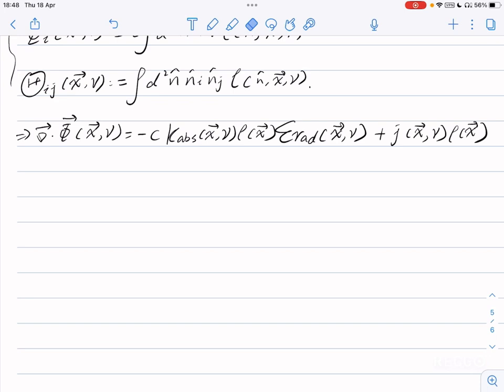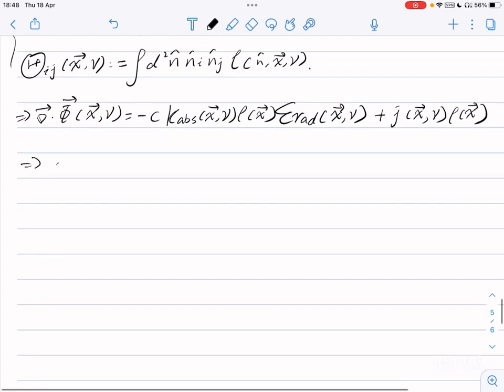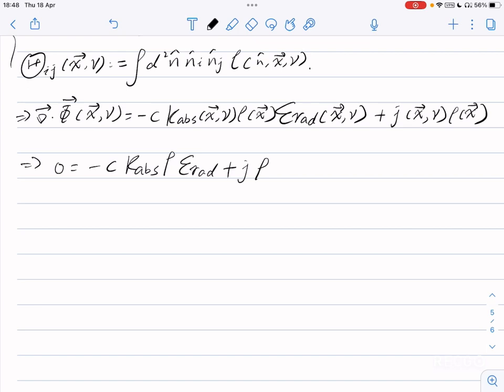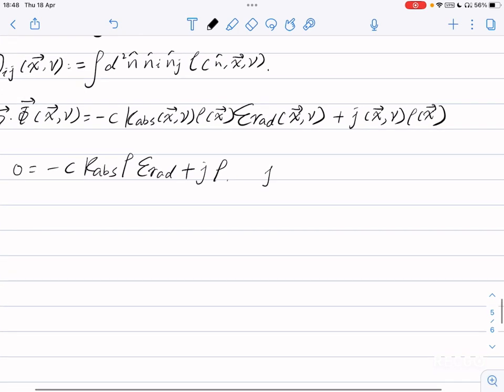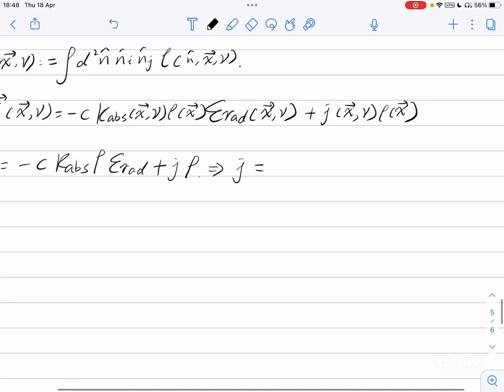For a homogeneous medium, meaning these quantities are independent of the position x, we can obtain 0 equals minus c chi absorption rho epsilon radiative plus j rho, where j equals c chi absorption epsilon radiative.